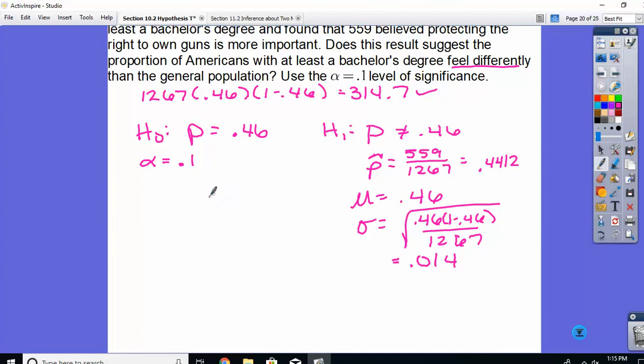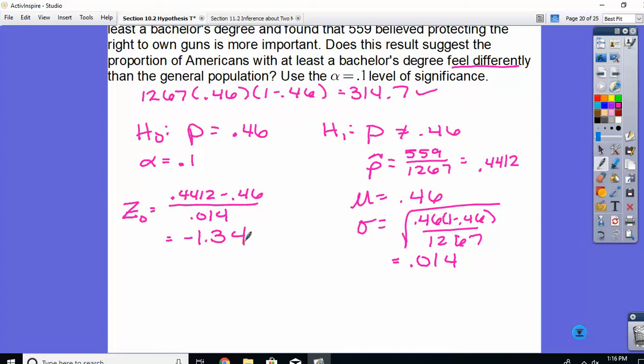Okay. Then you have to calculate your z value, which is your p-hat minus your mean over your standard deviation. And I get negative 1.34. Look familiar? That's the value that our calculator found.